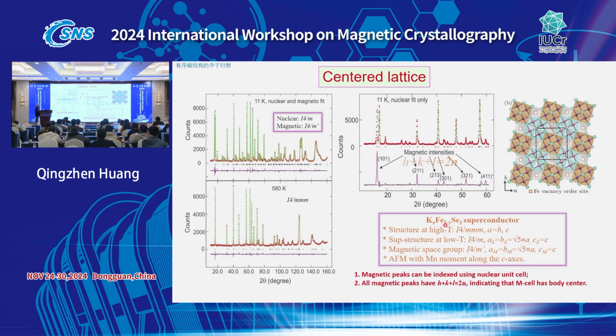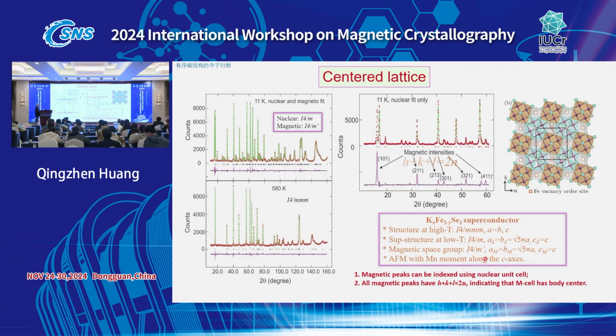At high temperature, the nuclear symmetry is tetragonal. At low temperature, the nuclear symmetry changes because of a superlattice phase transition to I4/m. It's also tetragonal. And the magnetic space group is I4/m prime.